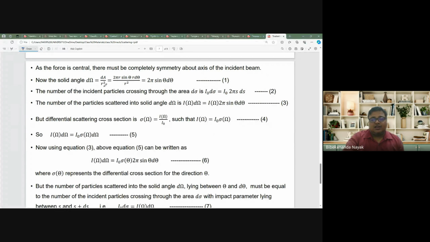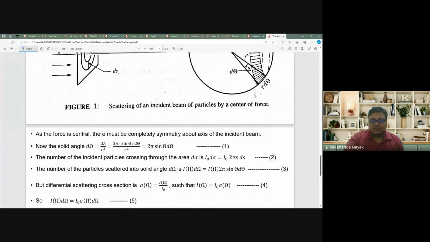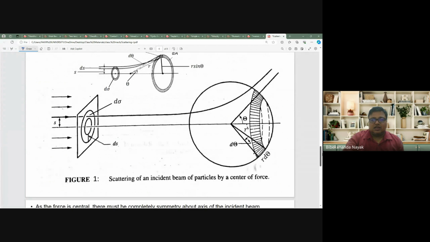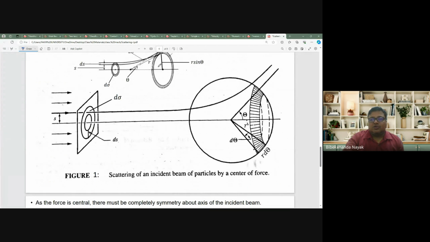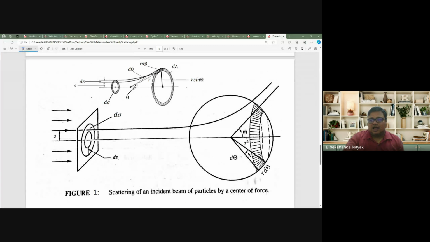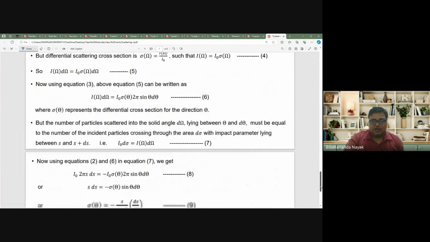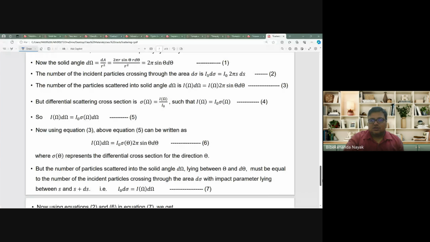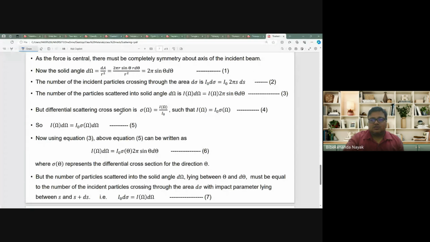The solid angle, by definition, is dA by r square. The area you can calculate as 2 pi r sin theta into r d theta.